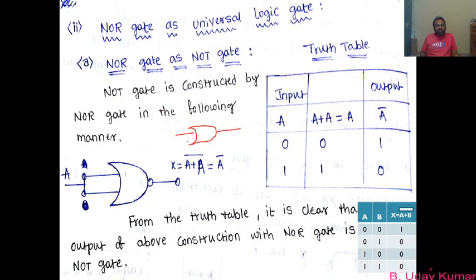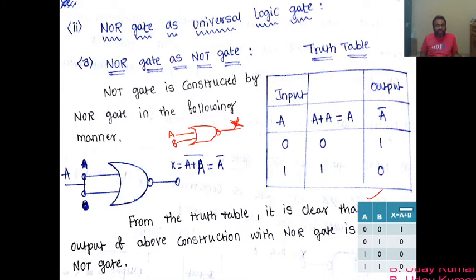The inputs are denoted by A and B, and the output you can take as C or X or Y, whatever you want. Instead of C, let us take it as X, because in this table I have taken the output of the NOR gate as X. There will be a bubble here.